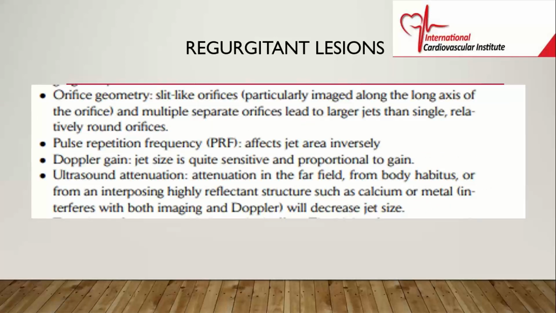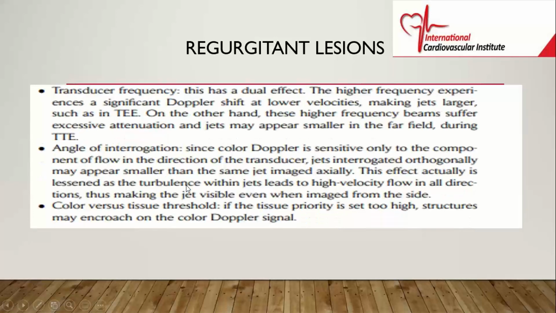The orifice geometry also is an important feature, because if you have a slit-like orifice, it will tend to give you a much larger jet than, say, a rounded orifice. And the Doppler gain can affect what the color jet looks like, so be aware of that as well.